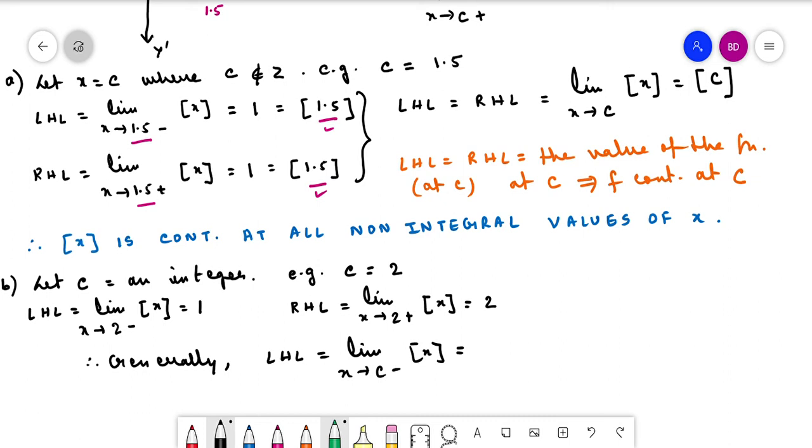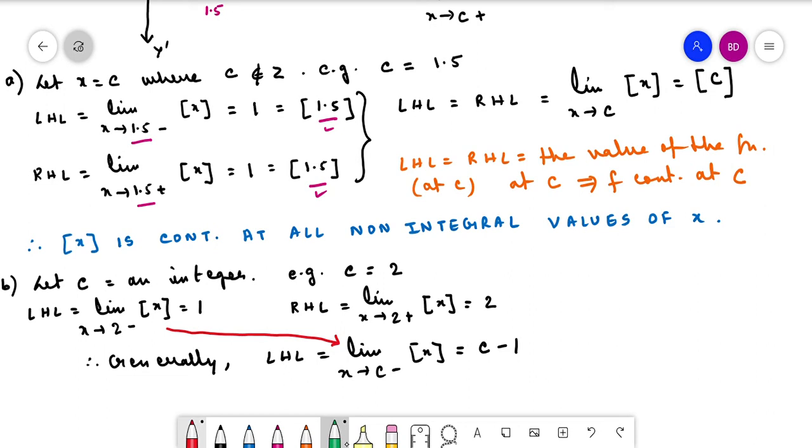So this becomes c minus 1. I'm just generalizing this result. When I've taken 2, I've got 1. If I take 1 here, I'll get 0. If I take 3 here, I'll get 2. So if I take c, for the left hand limit, it becomes c minus 1.